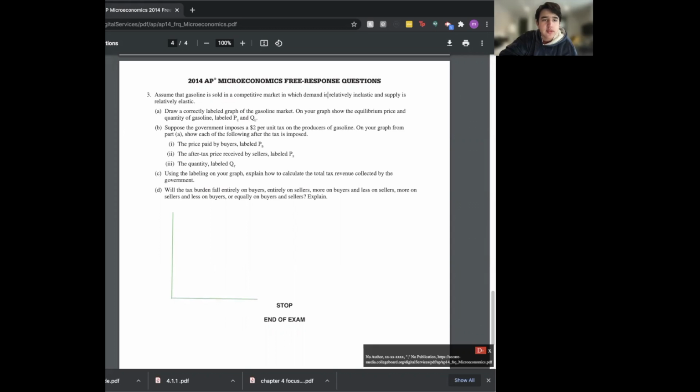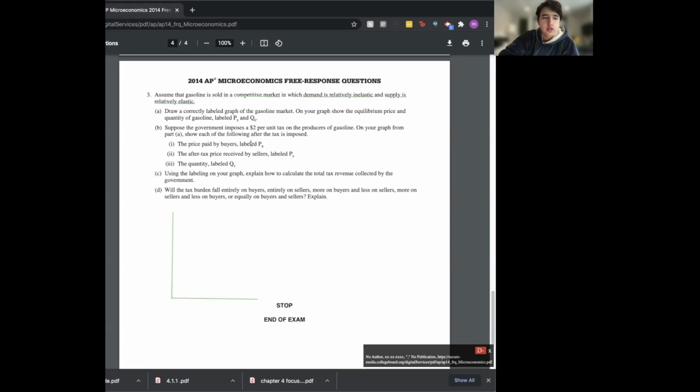And remember, it says that the demand is relatively inelastic and that supply is relatively elastic. Along with that, we are in a competitive market. So that means we have to sell at the exact price of the marginal cost, or the cost it takes to produce an additional unit, or else we won't get any sales.